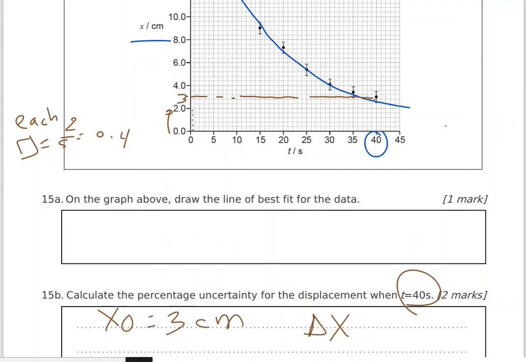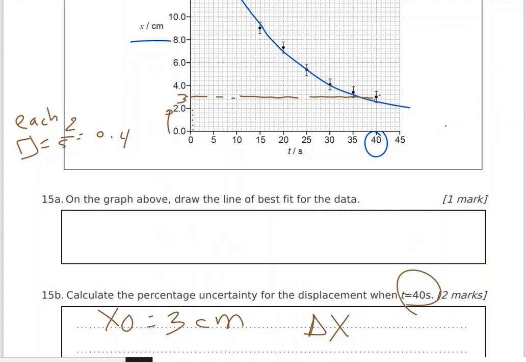Now, the uncertainty in the displacement is the length of the error bar. On the top, it's less than 1 square, around half a square, and at the bottom, 3/4 of a square. So it will be around 1.25 squares.